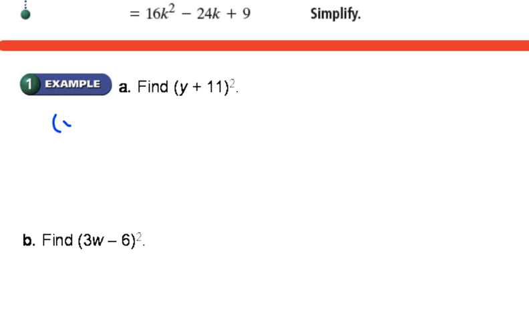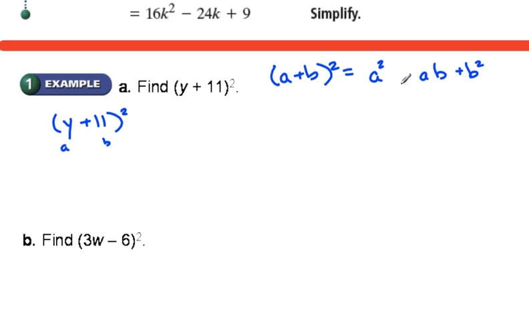So that's y plus 11 squared. This is my a, this is my b. And remember, I'm going to rewrite this up here. A plus b squared is equal to the first term squared, the last term squared, and then we multiply these two together and multiply it by 2, so 2ab.